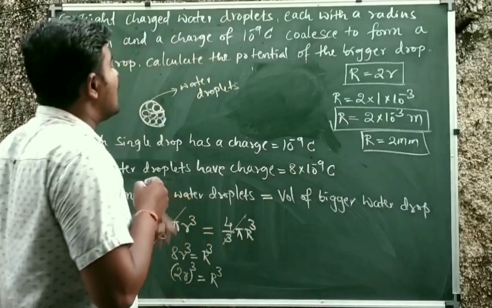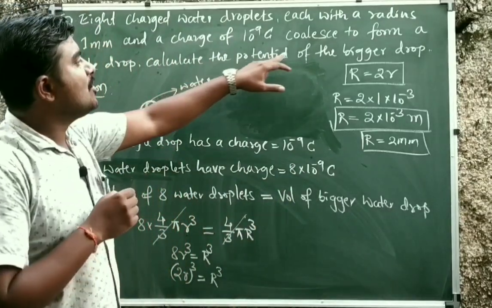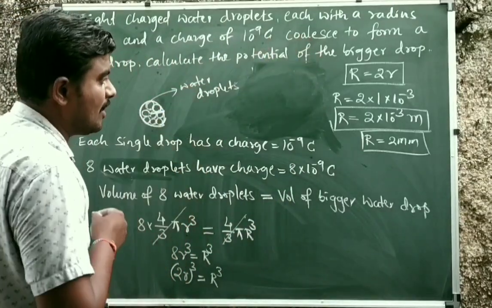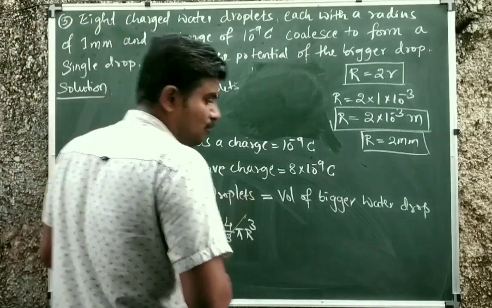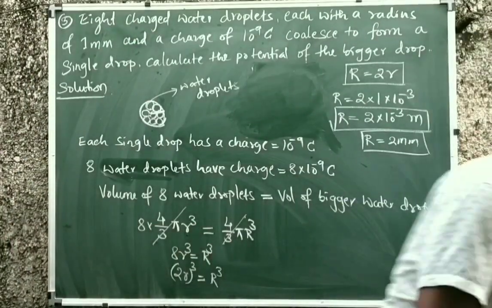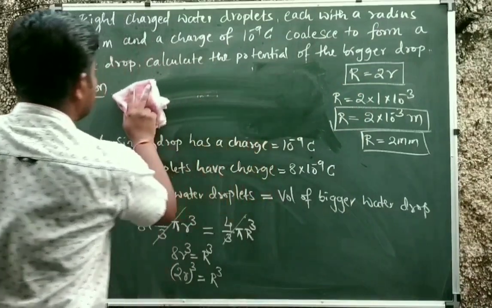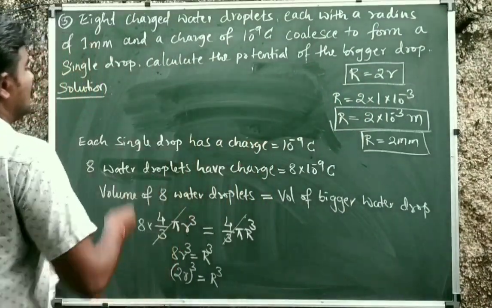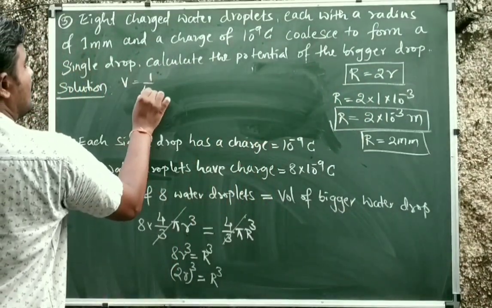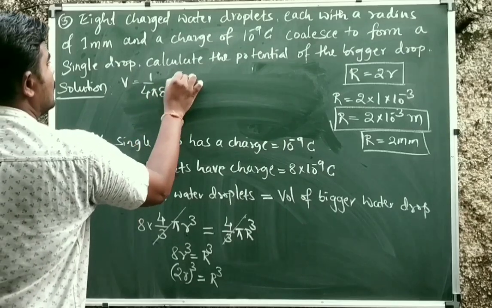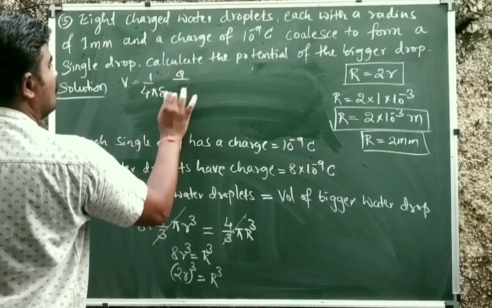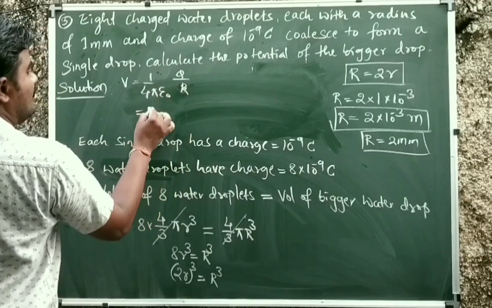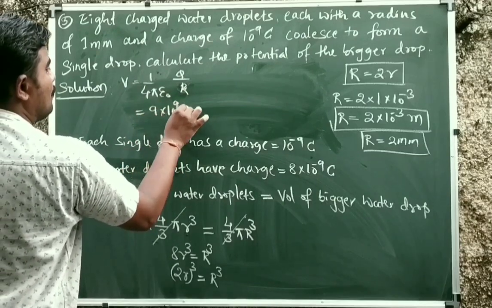Now we are supposed to calculate the potential of the bigger drop. So potential formula, as we know, V is equal to 1 divided by 4 pi epsilon naught Q divided by R. And 1 divided by 4 pi epsilon naught is 9 into 10 to the power 9.